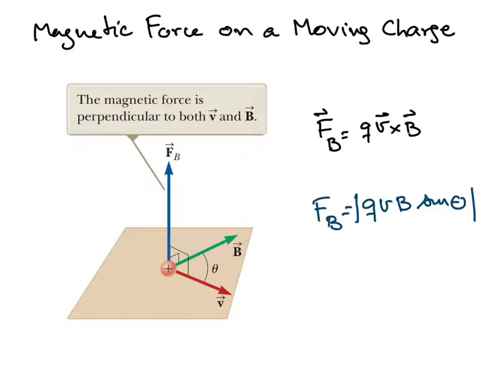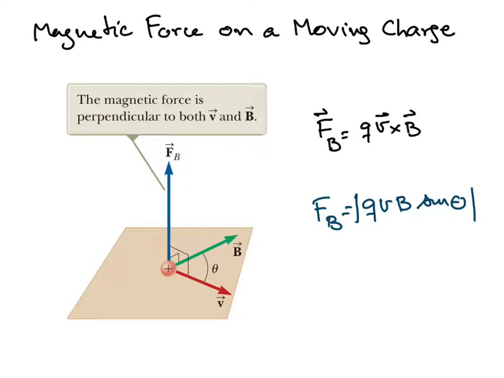The formula for the magnetic force is F_B equal to q v cross B. This is the cross product between two vectors. From this cross product, the magnetic force is perpendicular to both v and B, which means the magnetic force is perpendicular to the plane formed by these two vectors.